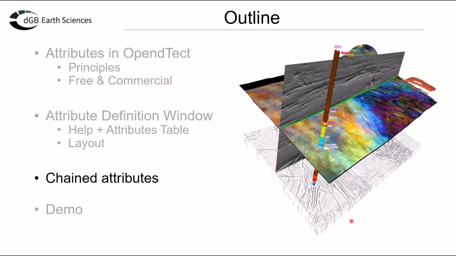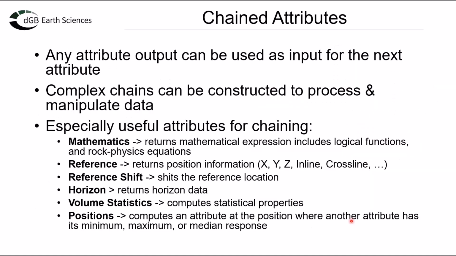Now let's look at chained attributes. Basically any attribute can be computed from data that is on disk, or it can be computed from an attribute that you have defined before. So the input is then an attribute and the output is another attribute.